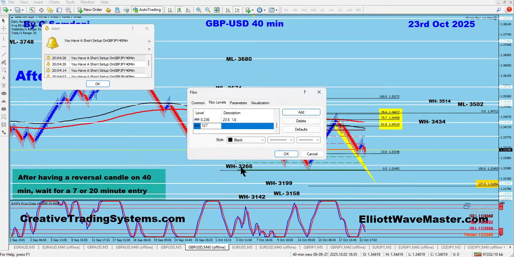Only then you open your 7-minute chart and put your EA there. Make it long only. Only then. And if the setup shows up, then your trade will be opened. See how many protective layers I have in this system, for you not to take the wrong one.